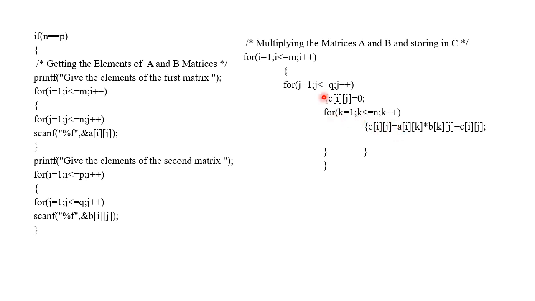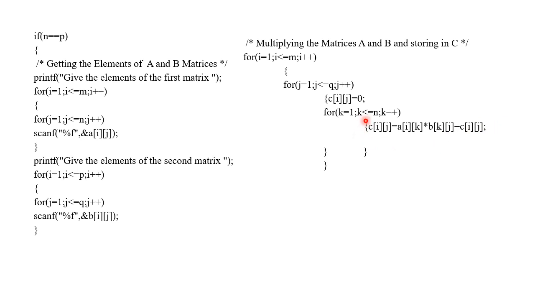Next, all other things will remain the same. I will be 1 and j will be 1, but k will become 2. Then A12 B21 will be added with this previous. Previous Cij contains already A11 B11. Now A12 B21 is added.